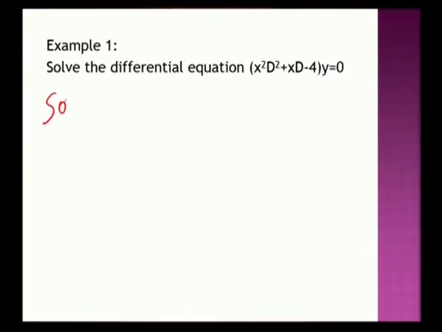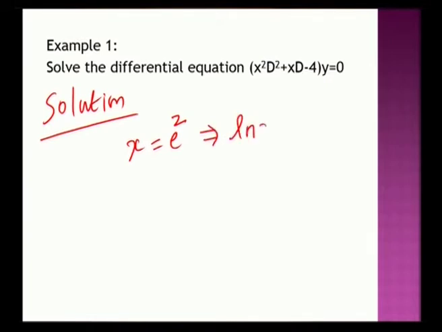So, solution to this differential equation can be obtained by the method of substitution. First, what we need to do is we need to reduce this differential equation to the form of linear differential equation with constant coefficient. To do that, we are doing this substitution. x is equal to e power z, which is ln of x is equal to z.